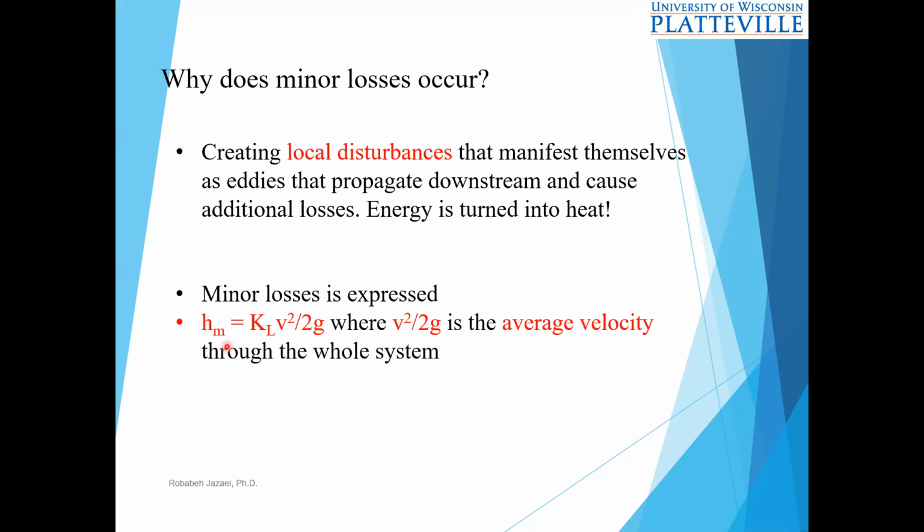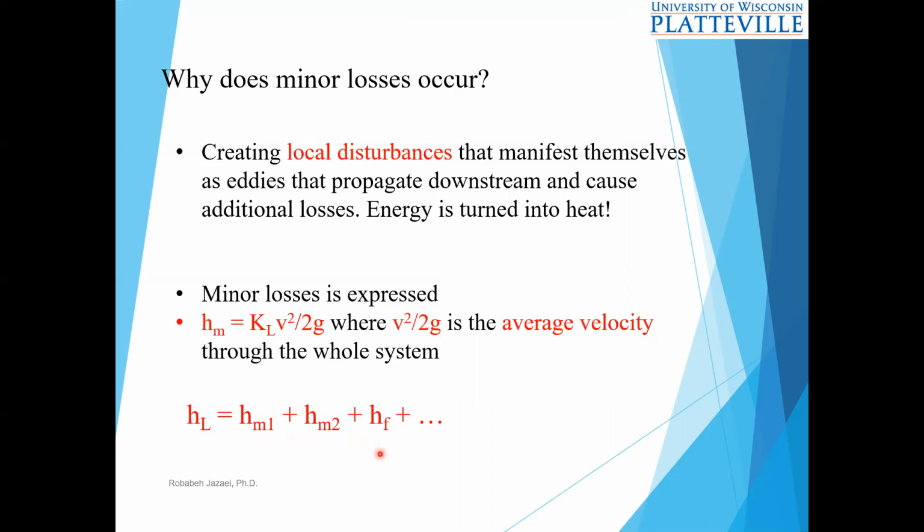So minor head loss is the coefficient of minor losses multiplied by the velocity head. Anytime we want to find head loss, we might have a lot of minor losses, plus head loss due to friction, or we just call it major head loss.